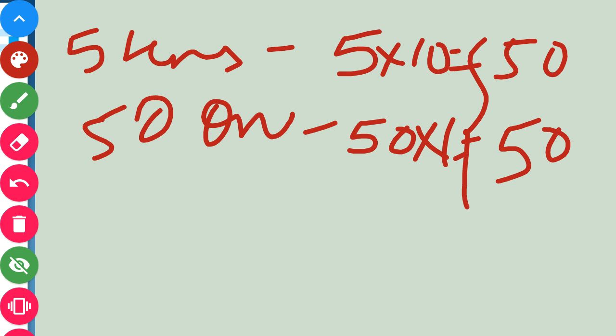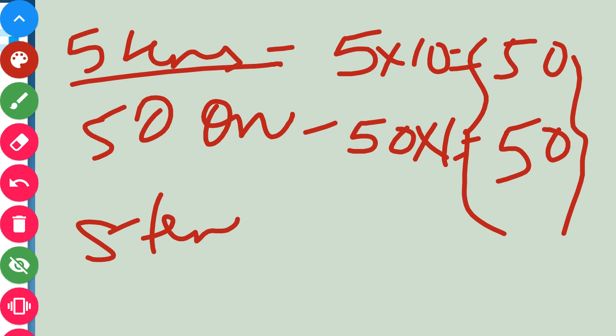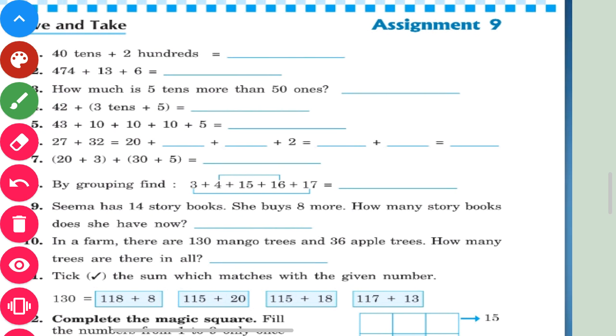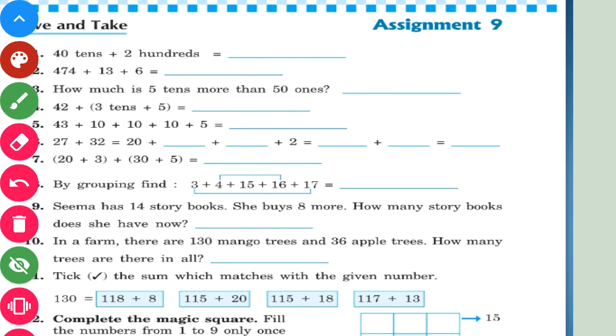So we can see that both the numbers are same. 5 tenths is equal to 50 ones. So how much is 5 tenths more than 50 ones? They are equal.